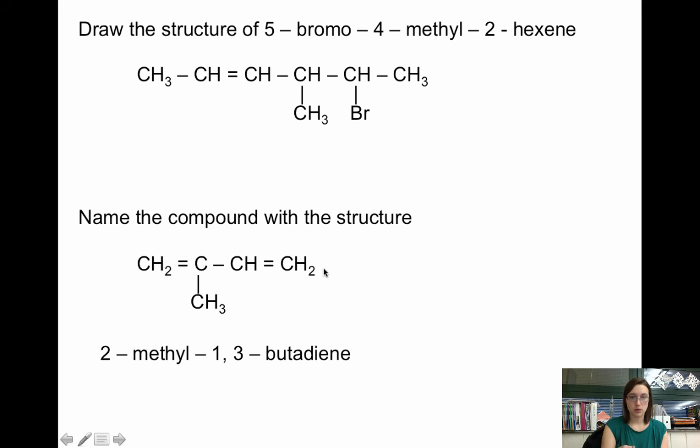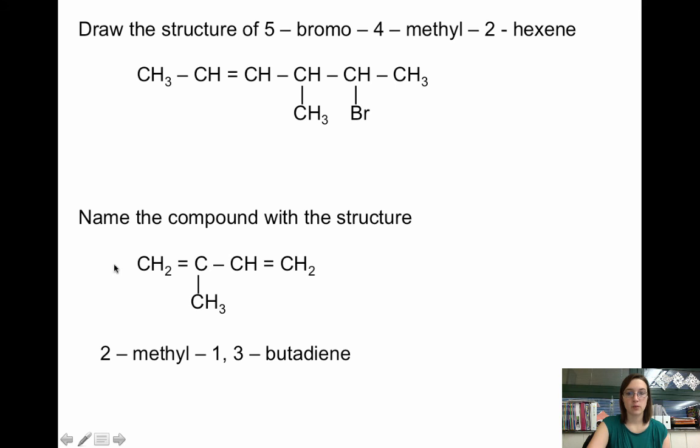4 carbons is but-. It's going to end in ene because there are double bonds, but it's actually going to be a diene because there are 2 double bonds. So it's going to be 1,3-butadiene, but now we need to also name this substituent. The reason I'm numbering that way is because not only is it giving my double bonds priority, but it's also allowing me to give this methyl group the lowest number.